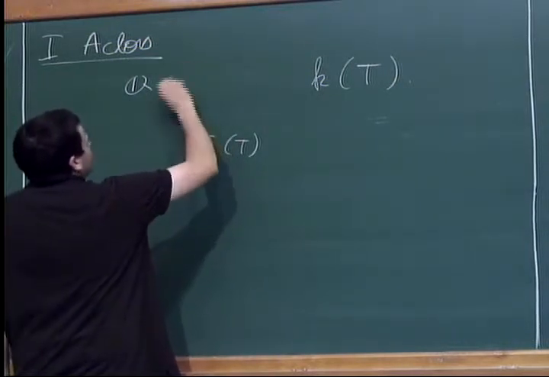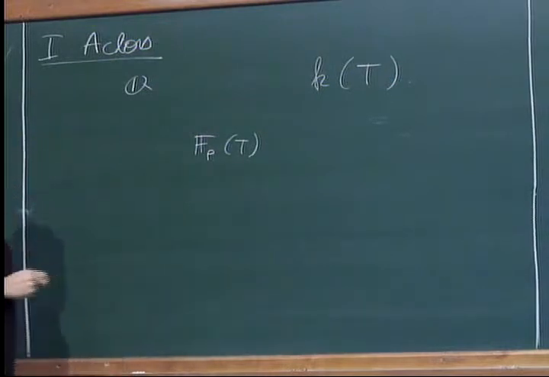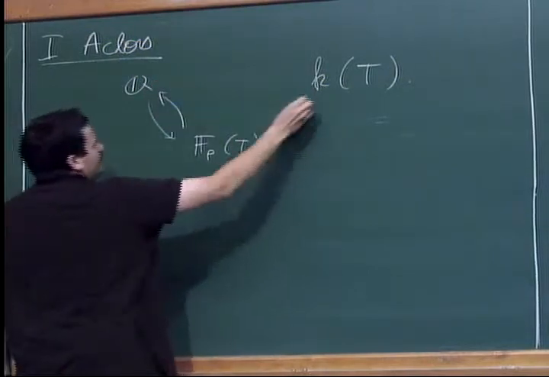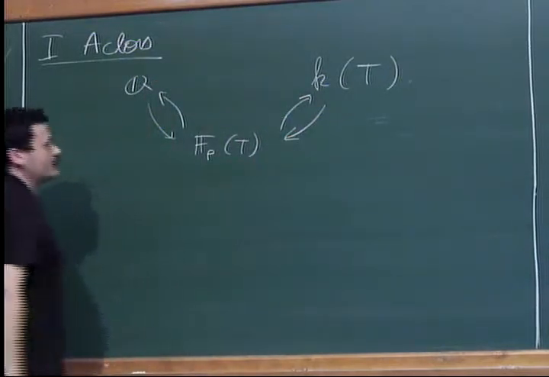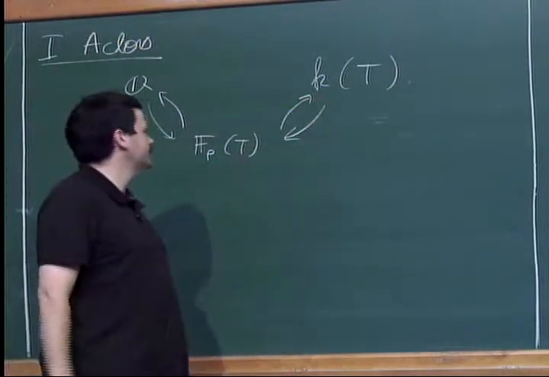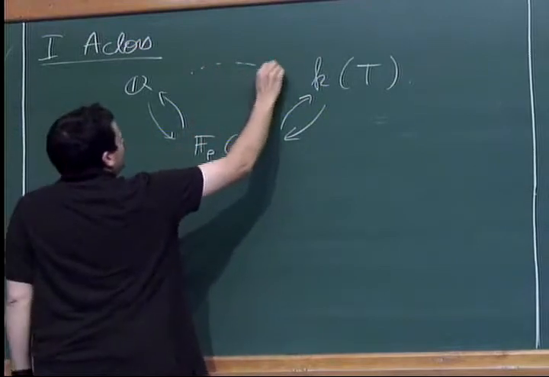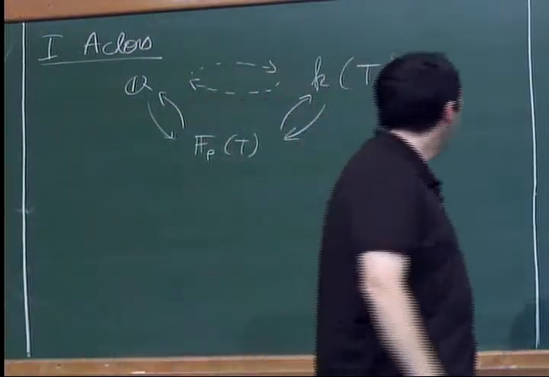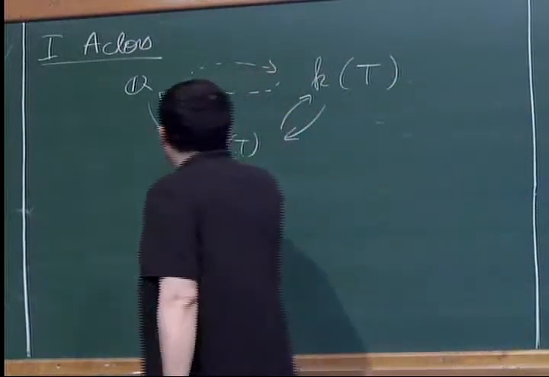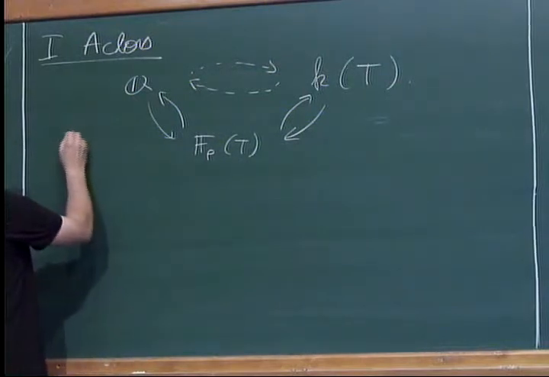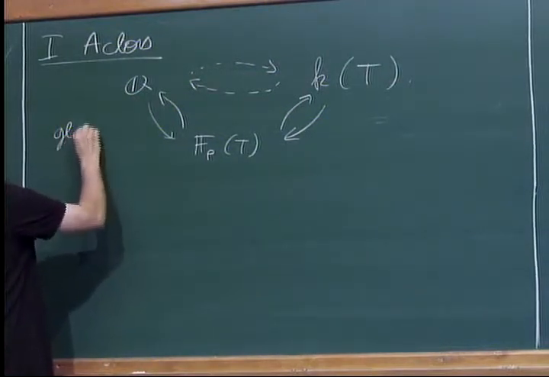So, in fact, as in many love triangles, the relationships are more intimate along two of the edges. There are very strong relationships between Q and Fp of t, and Fp of t and K of t. And what I want to do is in fact how you can go from Q to K of t. Although I should say also that Fp of t in fact has a double identity. On this side it's called a global field.